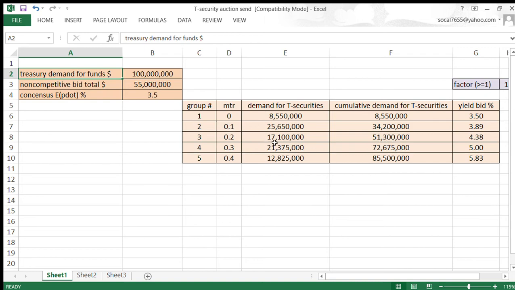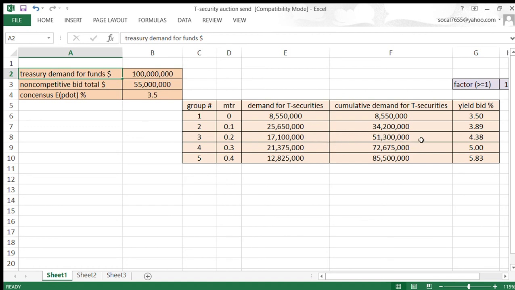So it looks like about 10,800,000 of these are going to get that. Or you can just say everyone gets 10,380,000 divided by 17,100,000 of what they want. It's about 10/17 of what they want. And that's another way you can do it.